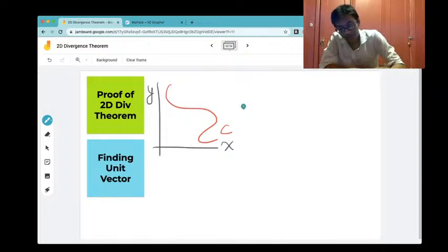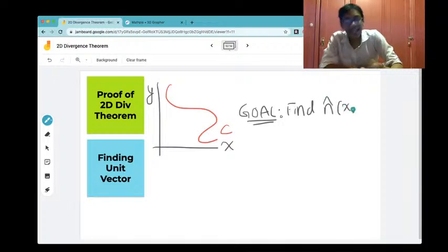But to find that unit vector, basically my goal. Let me write down my goal, shall I? My goal is to determine a function that gives me the unit vector at any point x comma y on my surface, right?